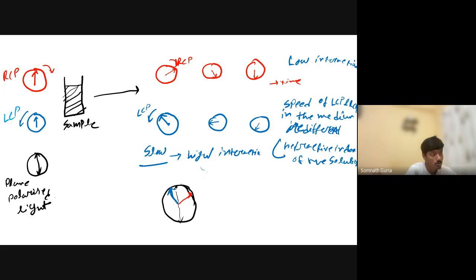So the projection in between will be my actual rotation. This amount is called theta, the degree of rotation.